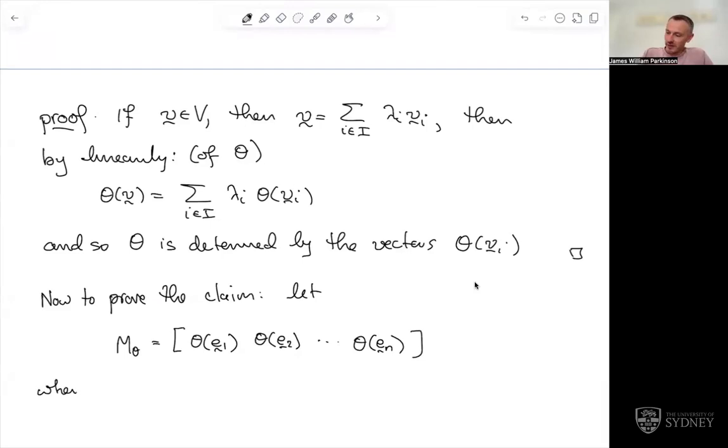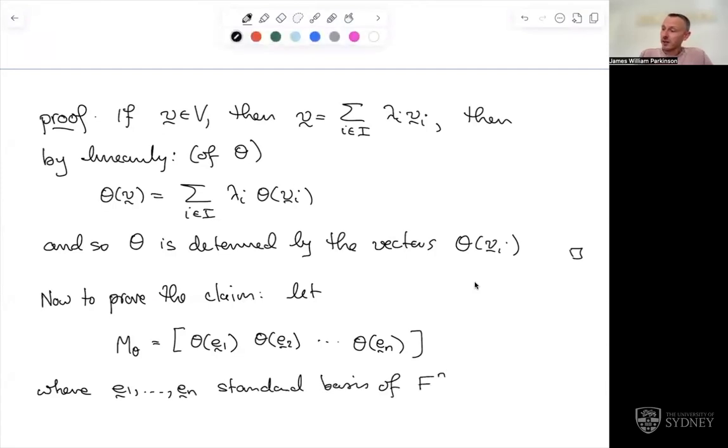Where e_1 up to e_n is the standard basis of F^n. So these are column vectors in F^m. That means this matrix has m rows and n columns.